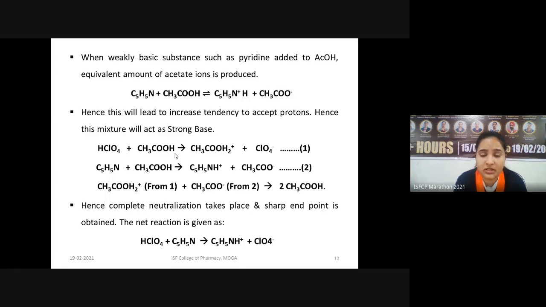These two ions, the onium ion and the acetate ion which we have produced, will react to form molecules of acetic acid.